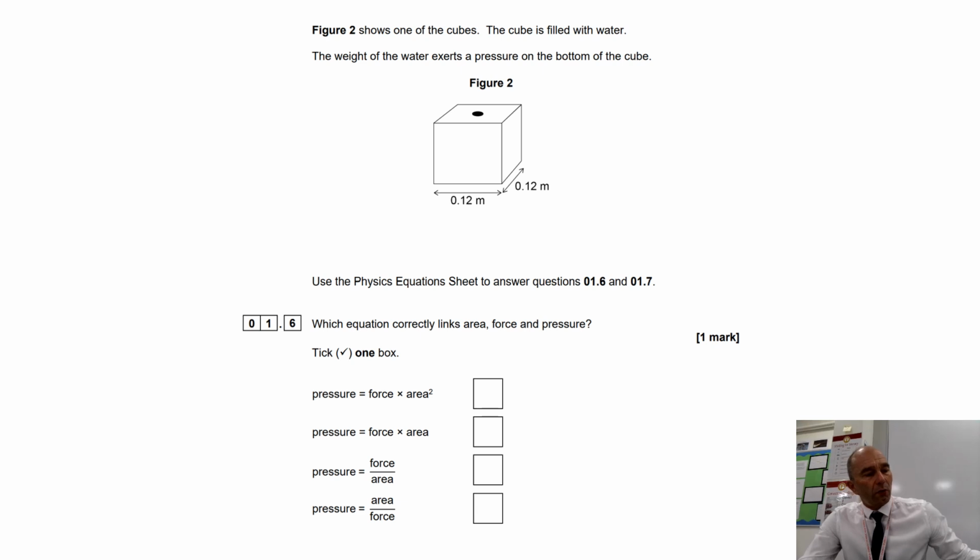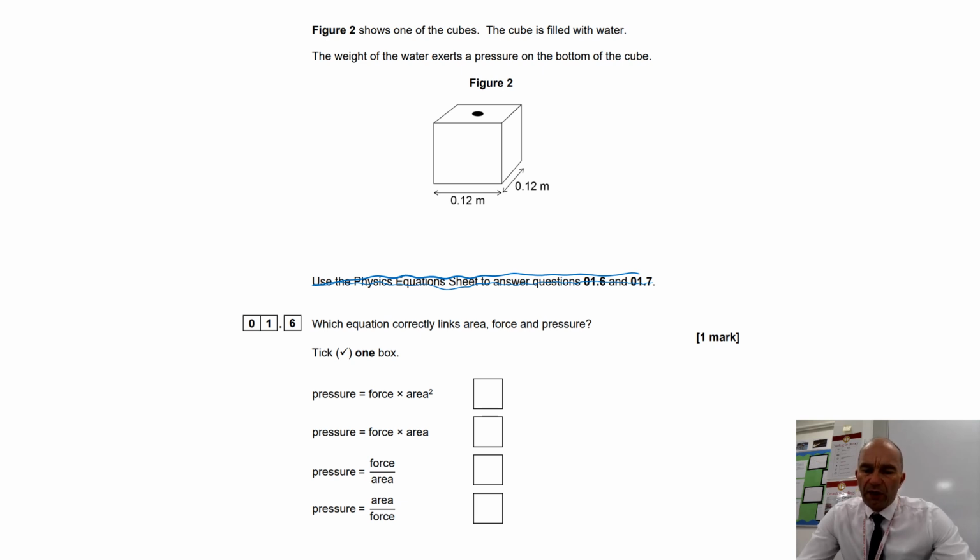Right, and then we're into a bit of a maths question, but before that we need to work out our formula. Now, it's saying here we need to use the formula sheet, but as far as we're aware, you'll not have that formula sheet. So this is one of the equations that you need to know. So we've got one of the cubes, we've got the diagram there. The cube is filled with water.